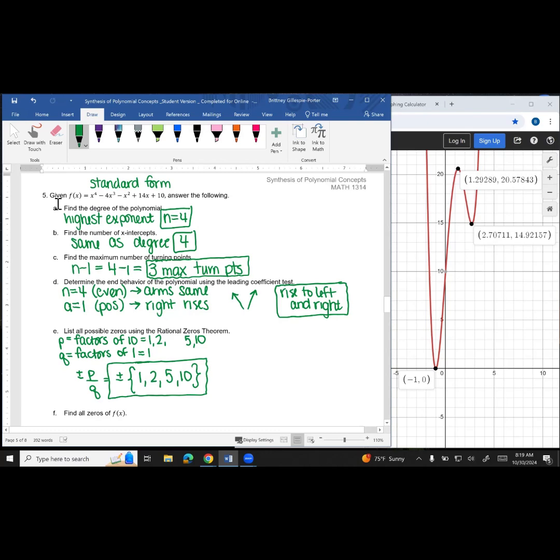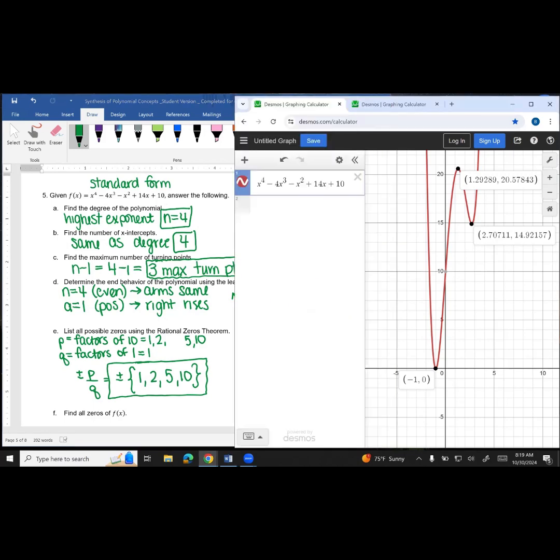We're asked to find all zeros of f of x, which means we're going to be using some synthetic division, maybe some factor by grouping, quadratic formula, who knows. But if we graph it, and I've already graphed it, notice that we do have 3 turning points.